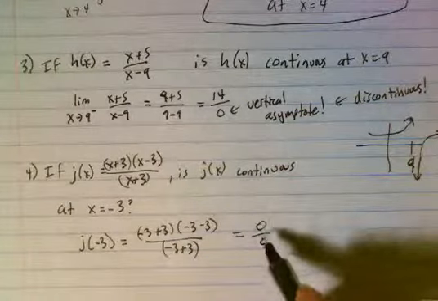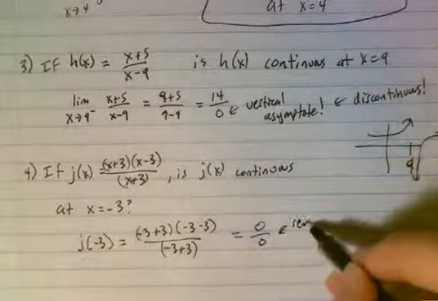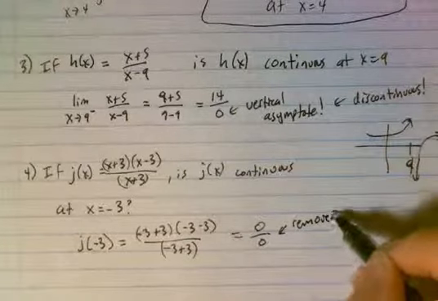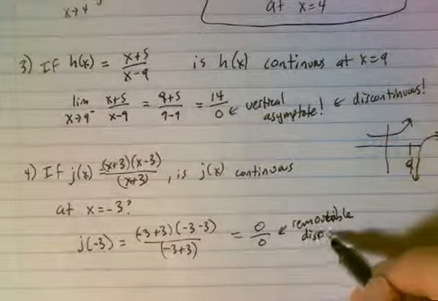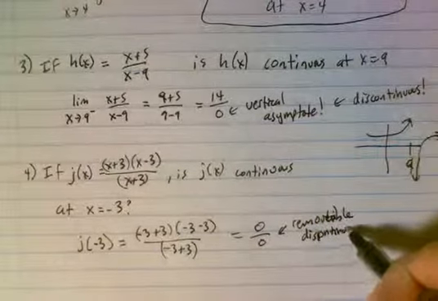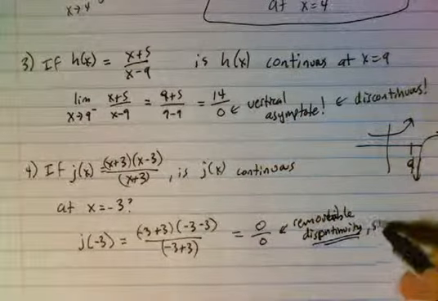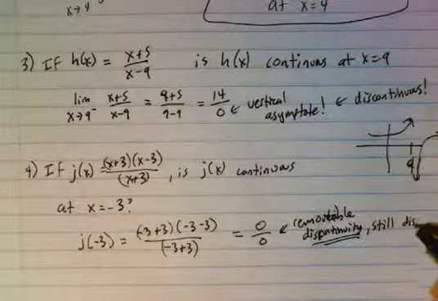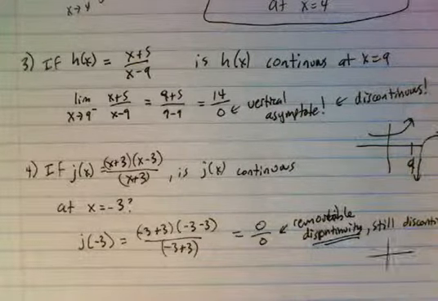We're not allowed to divide by 0, so it's a removable discontinuity. But it's still discontinuous. It's this sort of shape.